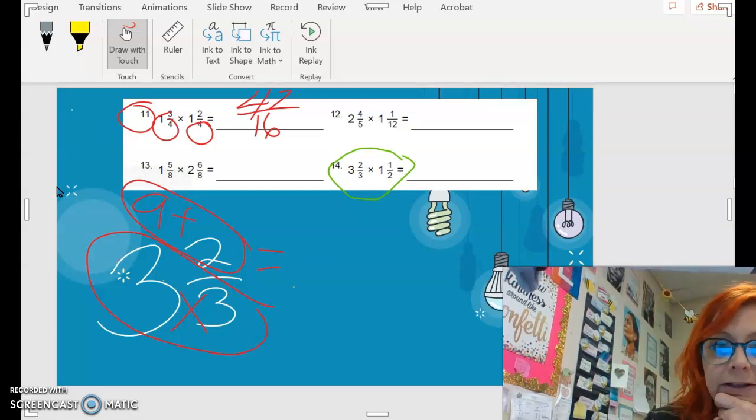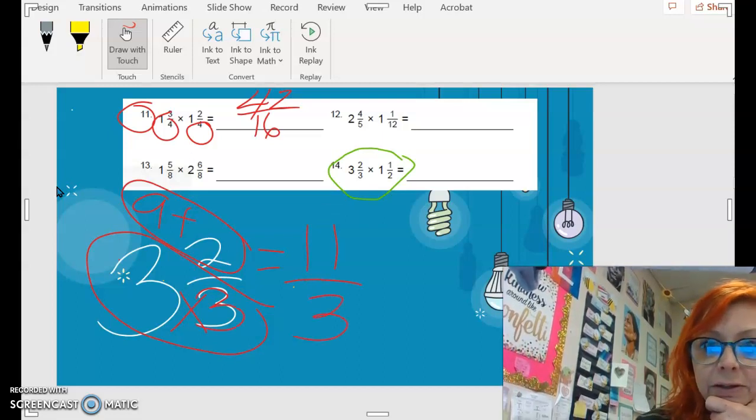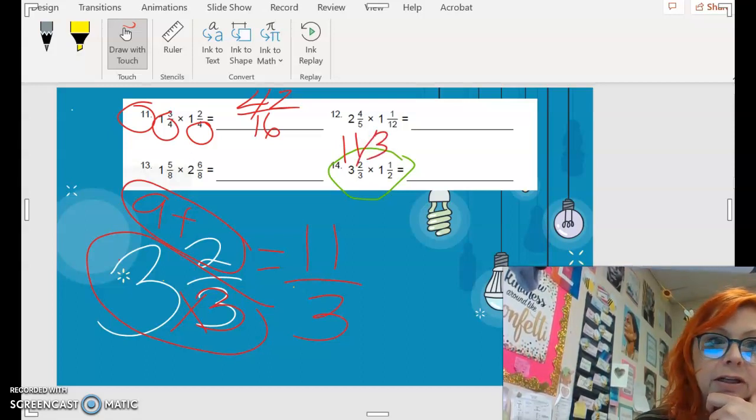What is that? 11. And what's my denominator? It doesn't change. If it's 3 here, it's going to be 3 here. So I already know that this 11 and 2/3 is the same as 11 over 3. That looks like an H. Let's fix that. 11 over 3. Okay, that's this first one, 3 and 2/3.